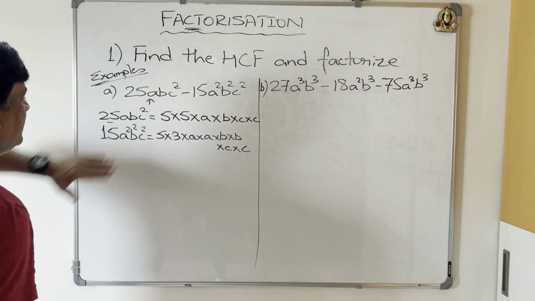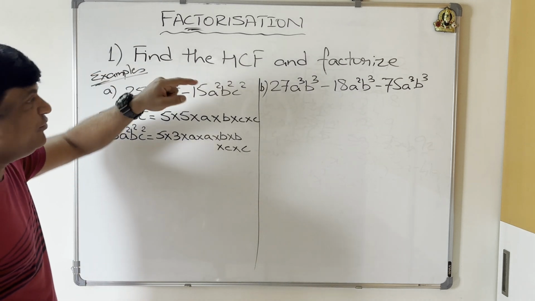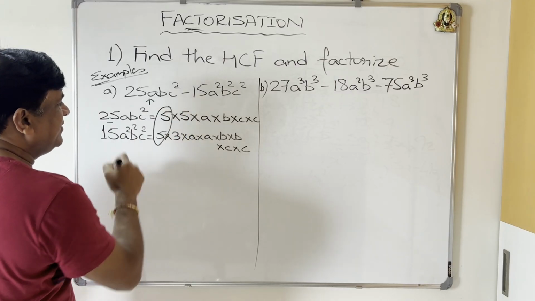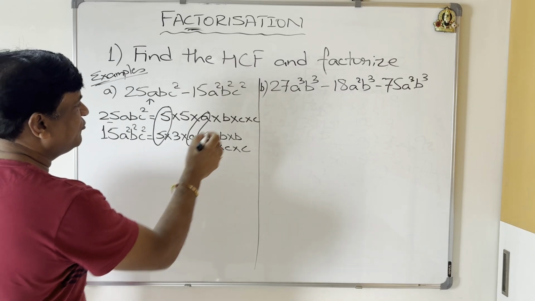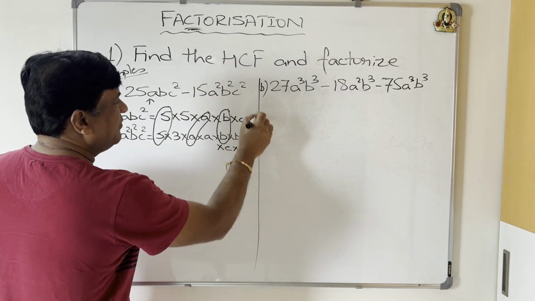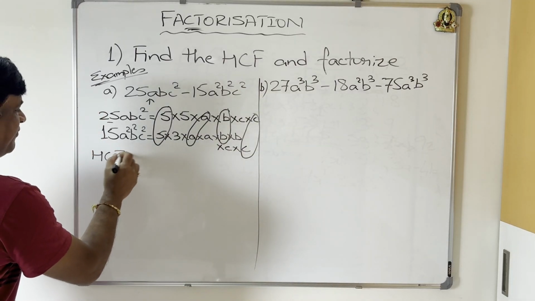How can you find the highest common factor between these two terms? The way we used to do it in arithmetic, can I do the same thing? This is one of the factors which is common, this is one of the factors which is common, and this is one of the factors which is common. So let's identify the HCF first.